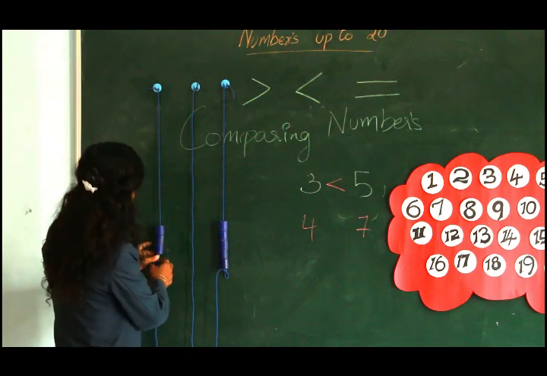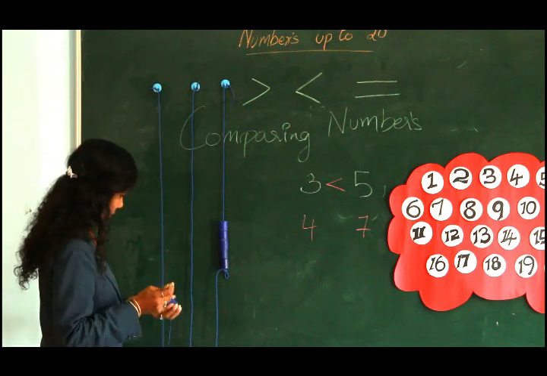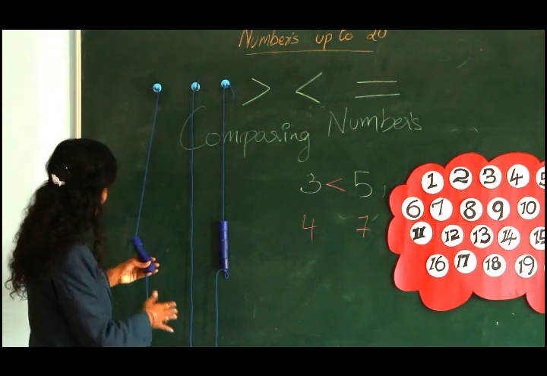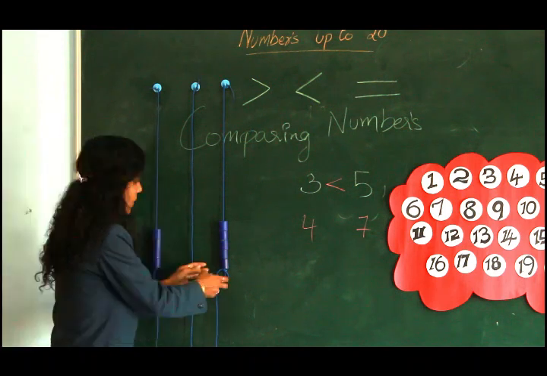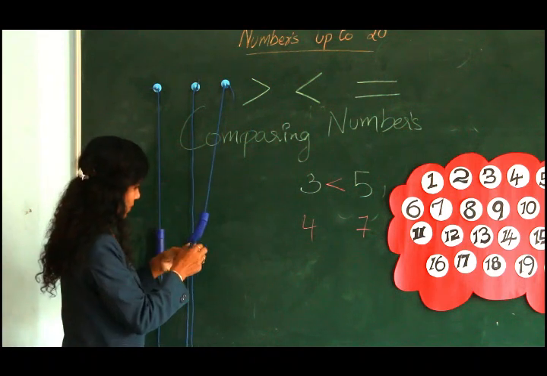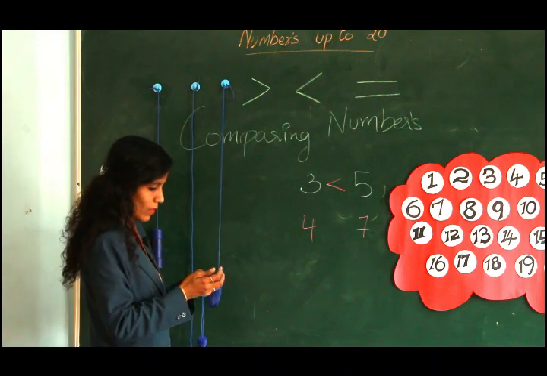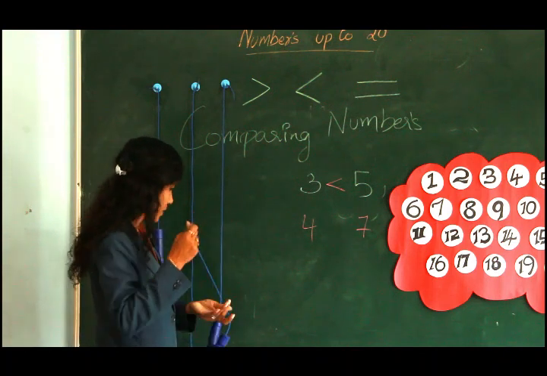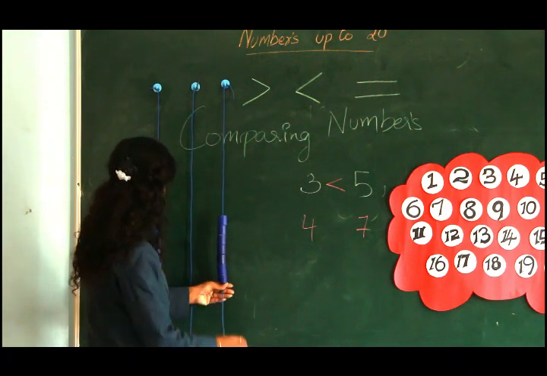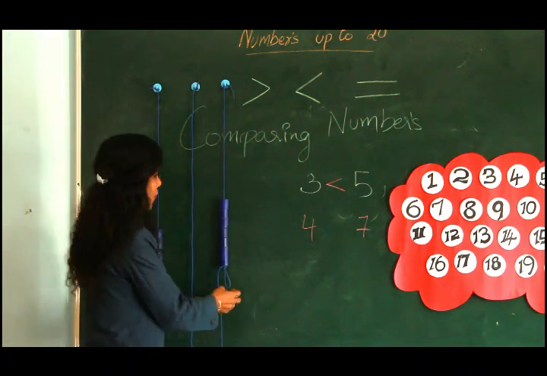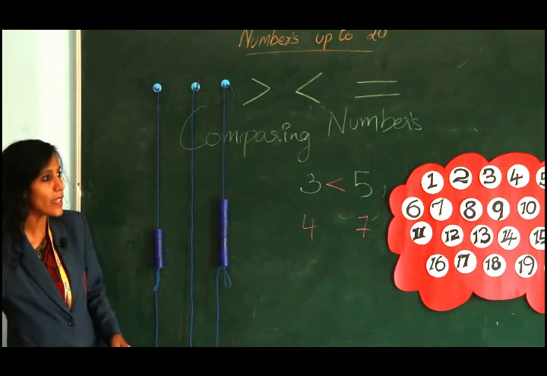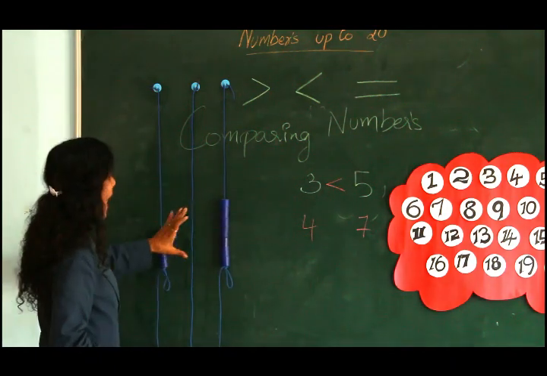So here we add one more bead. And 7. Here the set of 4 and 7.